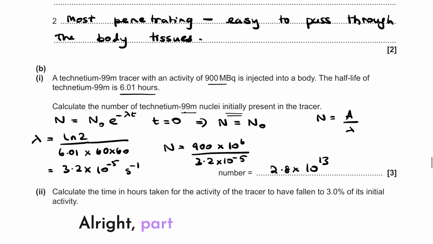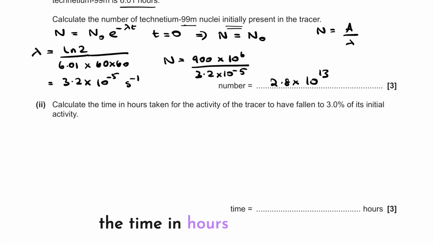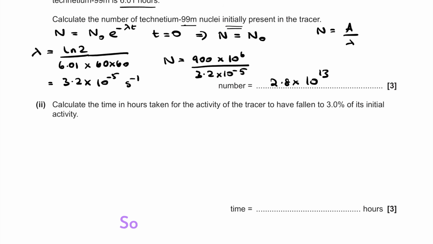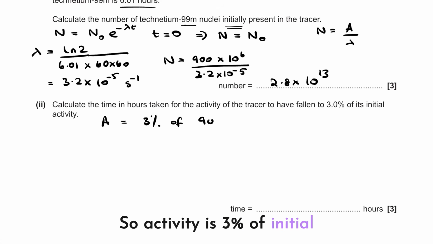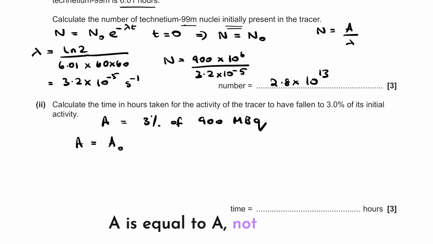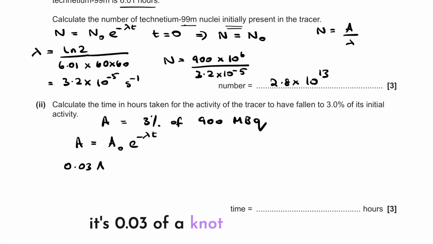All right, part II, we need to calculate the time in hours taken for the activity of the tracer to have fallen to 3% of its initial activity. So activity is 3% of initial. We need to find out the time. A is equal to A naught e to the minus lambda t. So I know that 0.03 of A naught is equal to A naught e to the minus lambda t.